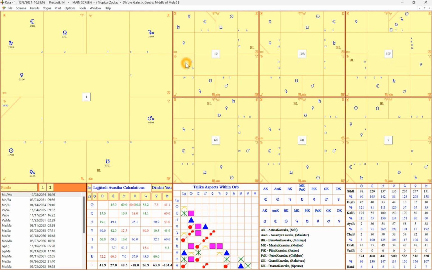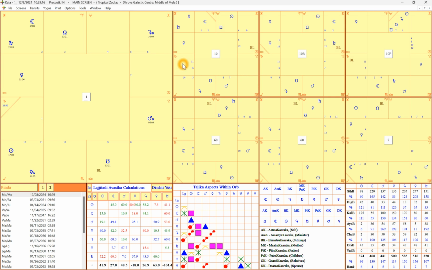All right? And then he says, for even signs, now we go to Taurus, an even sign, it starts from the 9th from there. So the 9th from Taurus is Capricorn.